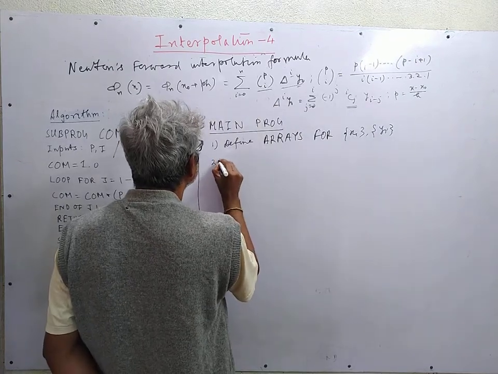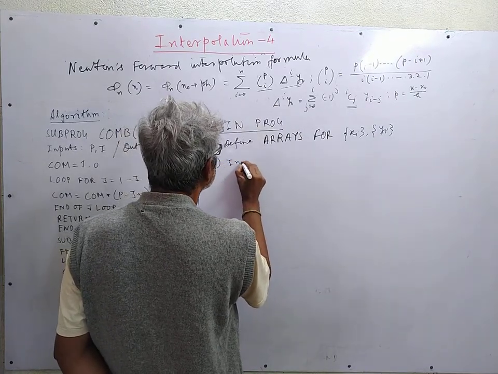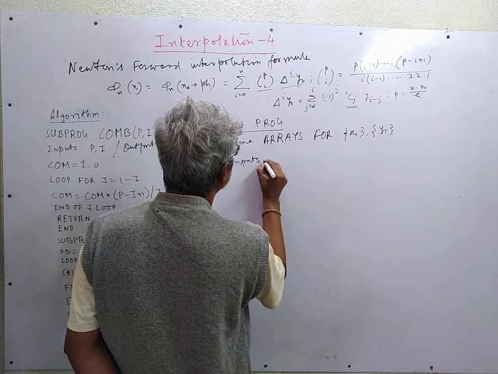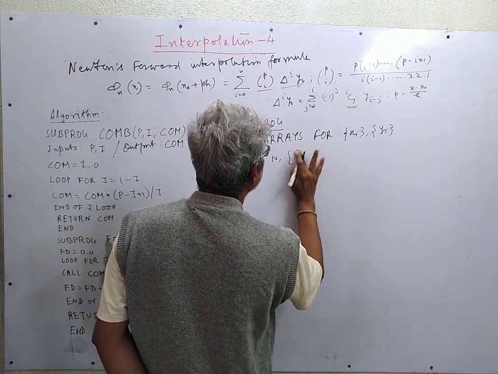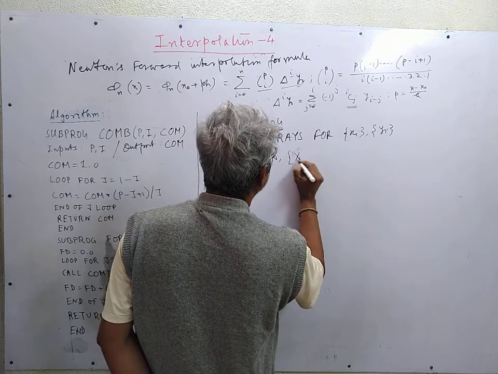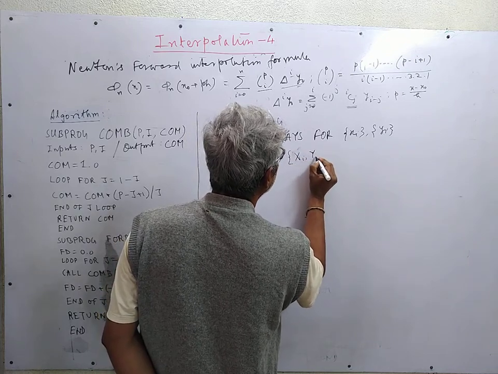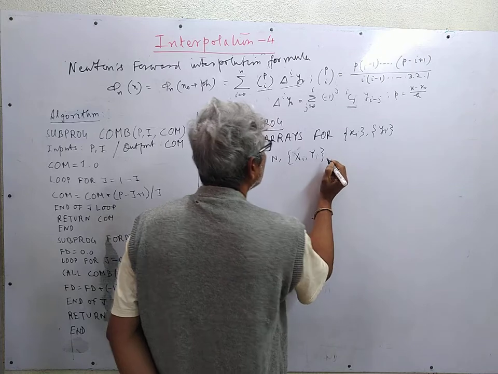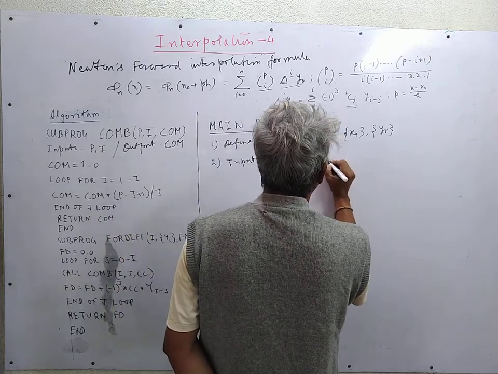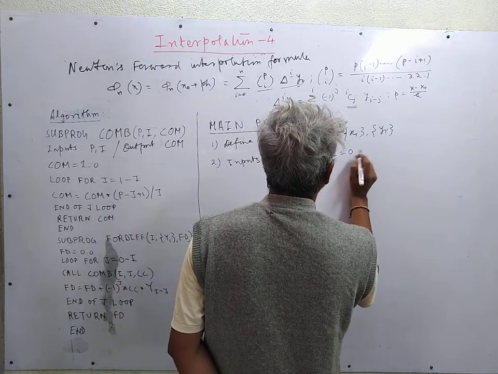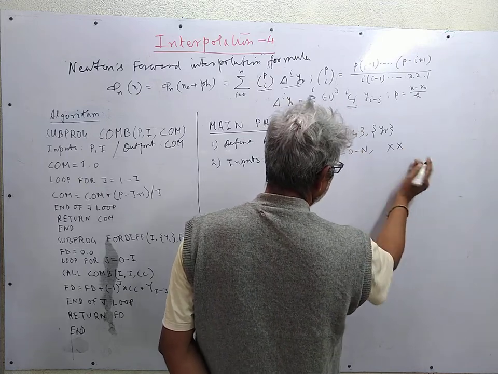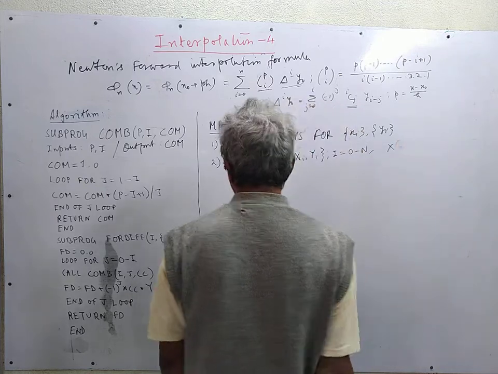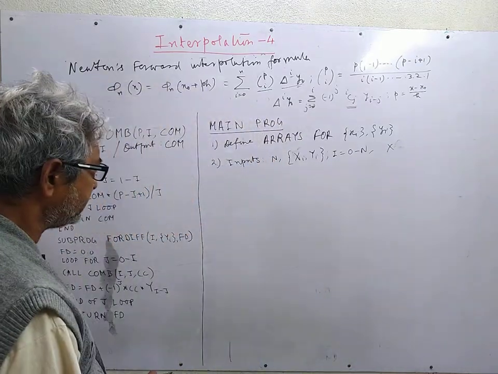Then we need as inputs the number of data in the set of xi and yi data, for I in the range 0 to n, and the value x at which interpolation has to be done.